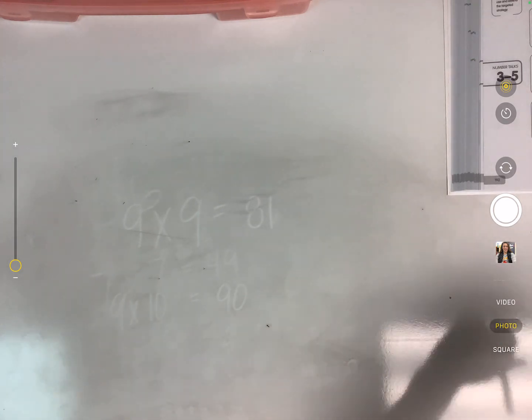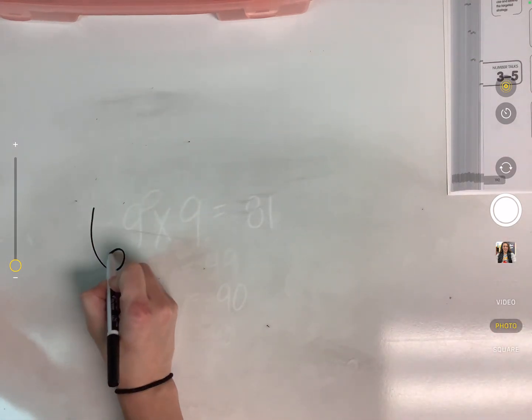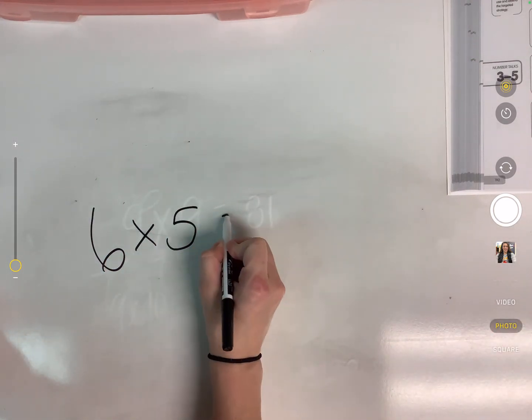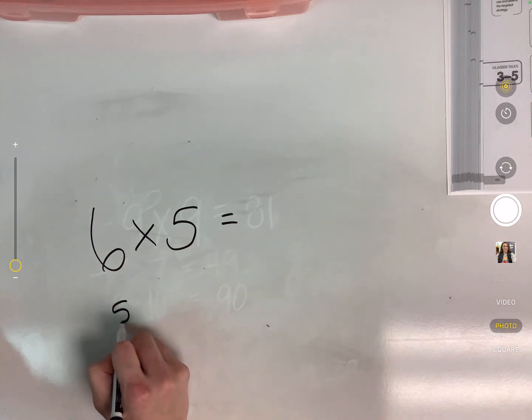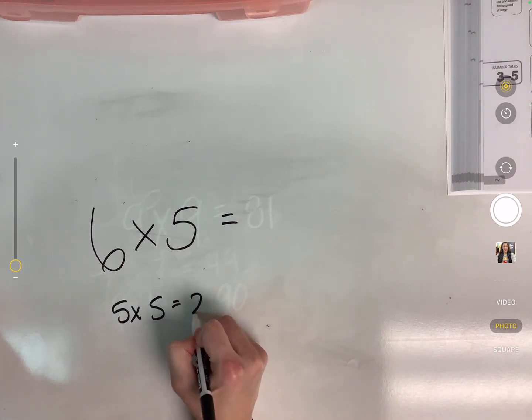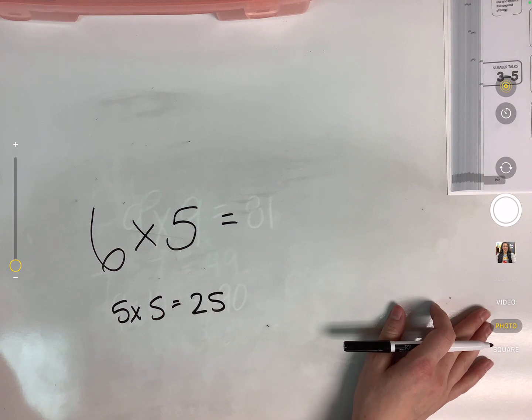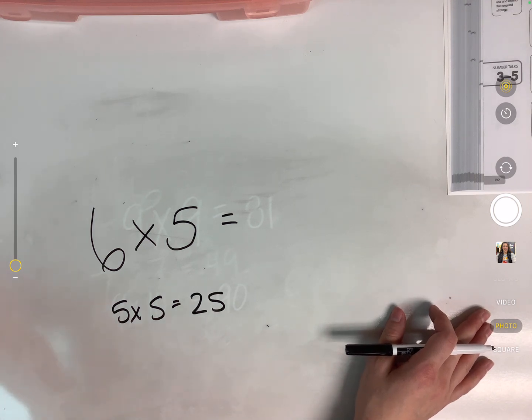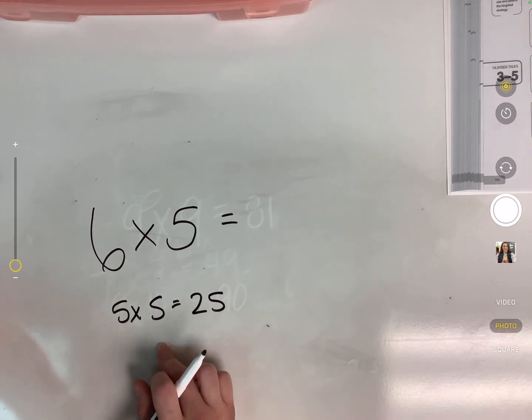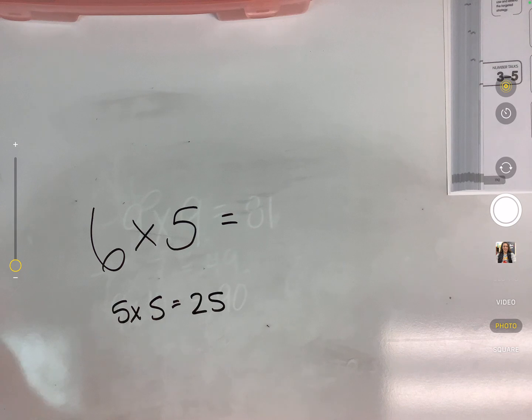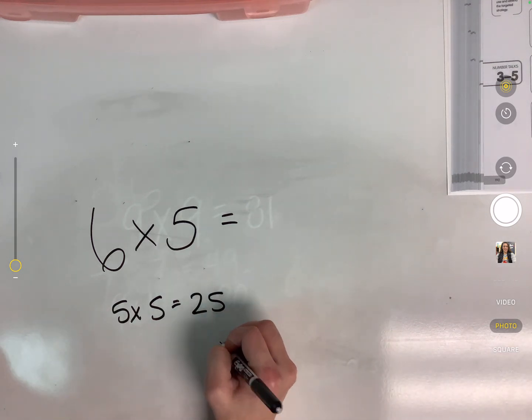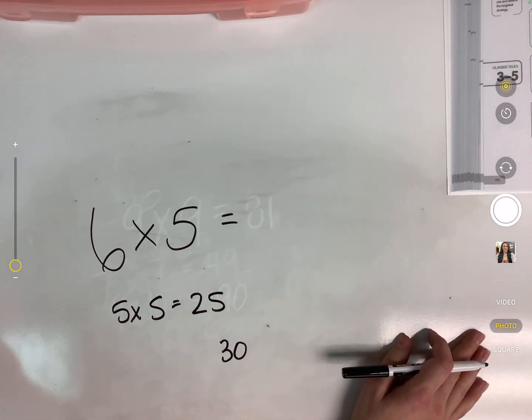Like if I threw you a fact and I said 6 times 5. Well, if you know that 5 times 5 is 25, you can add on 1 more 5, right, to get 5 groups of 6 or 6 groups of 5, and you would get 30.